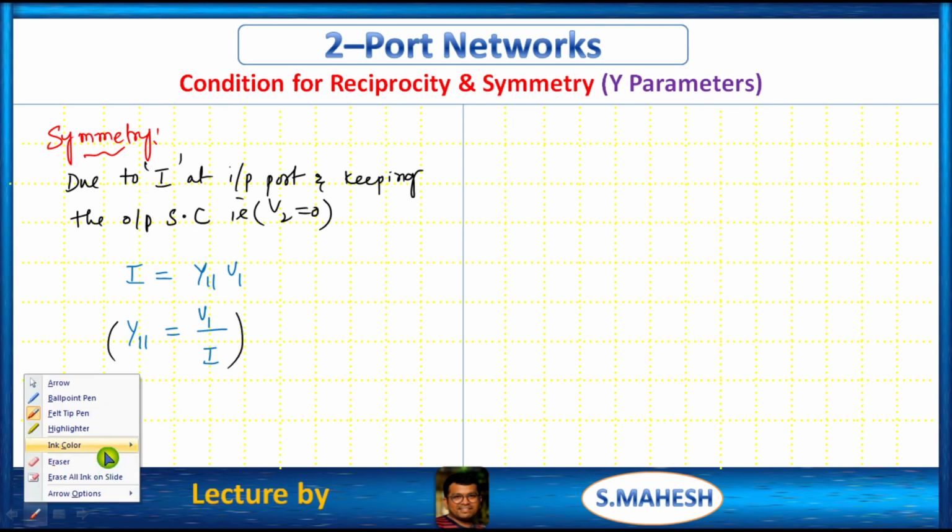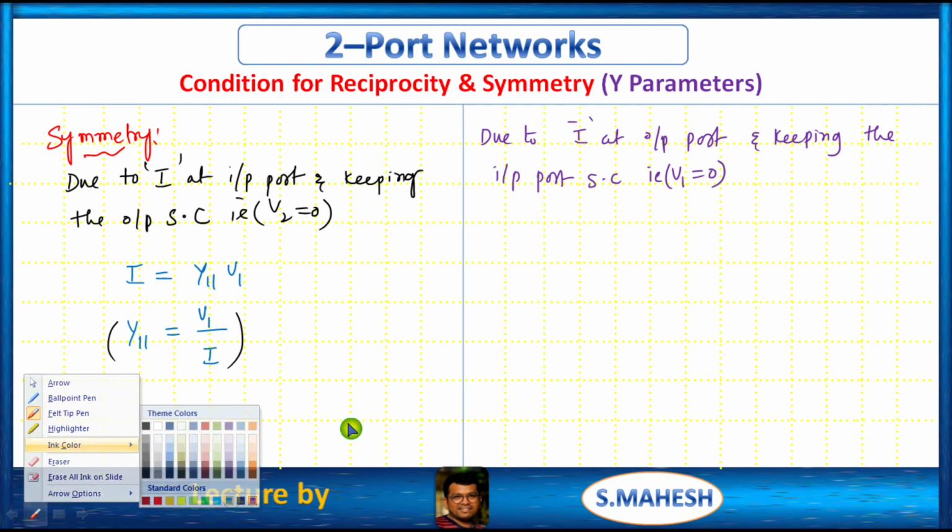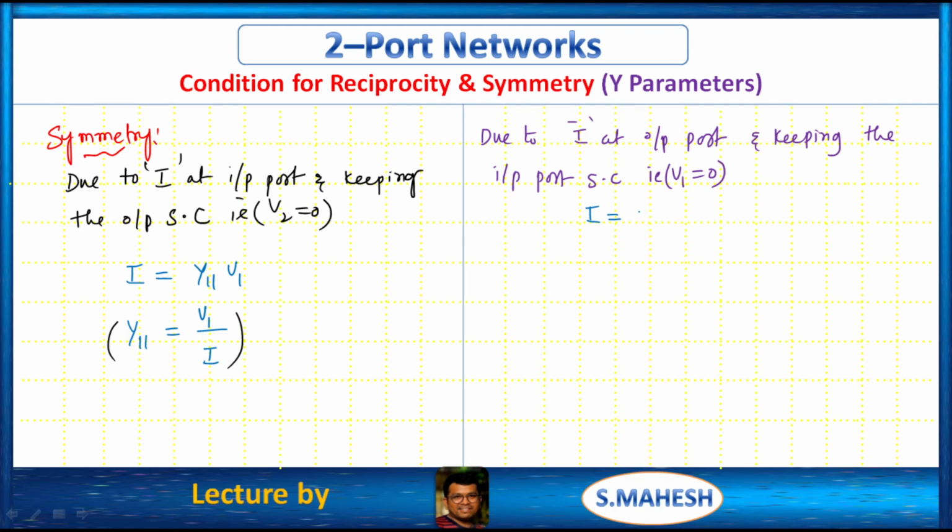Like that, due to current at the output port and keeping the input port short circuited, that is V1 is equal to 0, from the second equation I2, which is equal to I, is equal to Y22 V2.